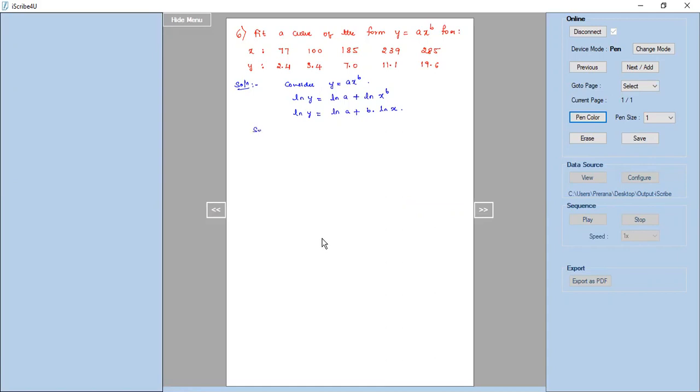Now let us substitute log y is equal to capital Y, log x is equal to capital X, log a is equal to capital A. With these, we will arrive at capital Y is equal to A plus b into X, which represents a straight line.